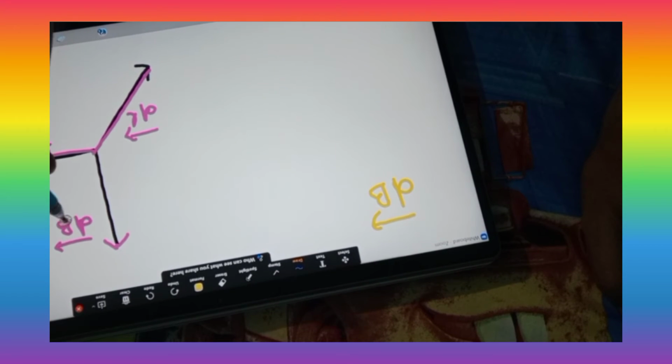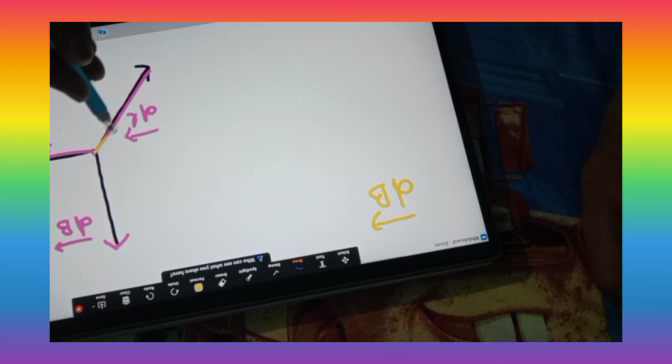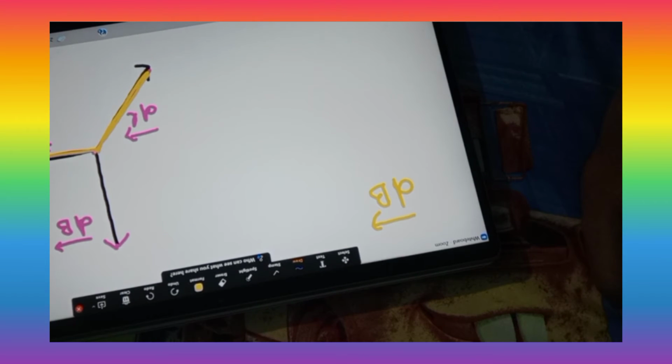The direction of the magnetic field is perpendicular to the plane containing the current element dl and the position vector r.